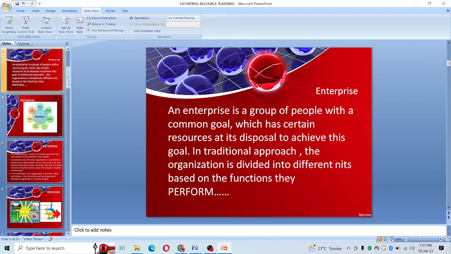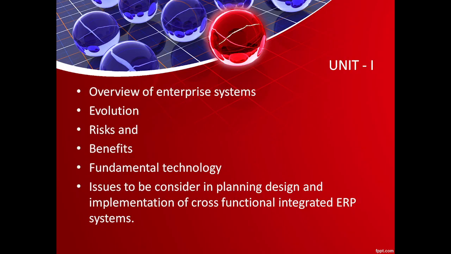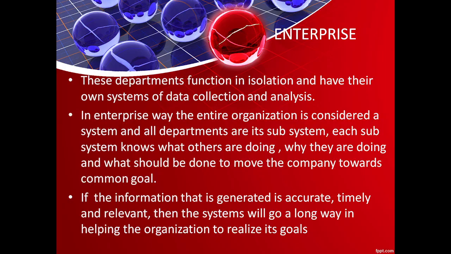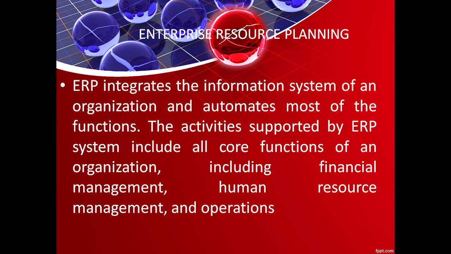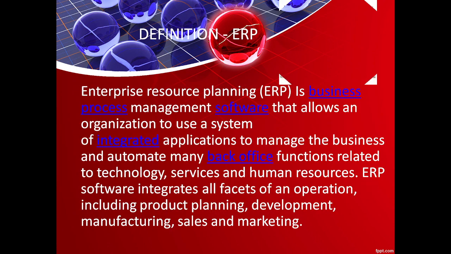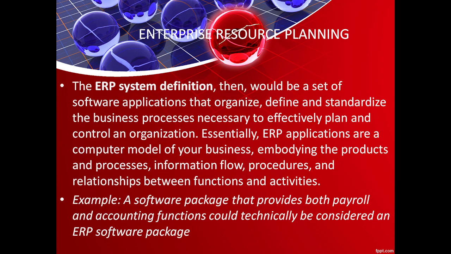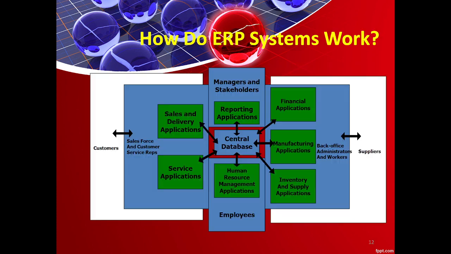So talking about the PPT again, we'll see. We have the enterprise coming in, the areas of enterprise, departmentalization, the ERP definition. We have an ERP example in the form of a software package, and the areas which are centralized into one particular system in ERP.